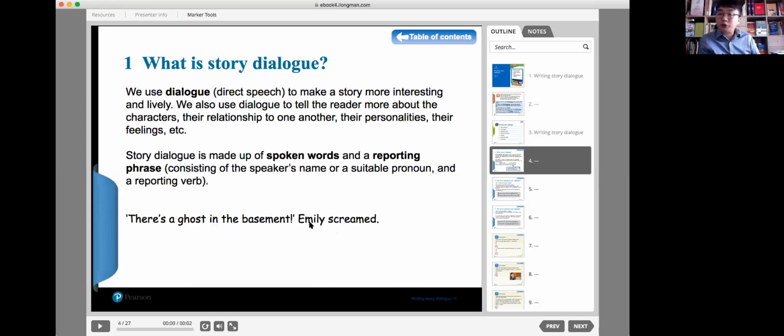This, Emily screamed, is the reporting phrase. It consists of the speaker's name, which is Emily, or a suitable pronoun, and a reporting verb. Here, screamed is the reporting verb. So this is the spoken words, and this is the reporting phrase.